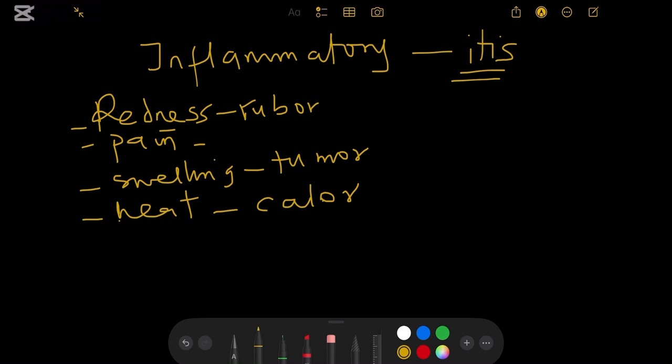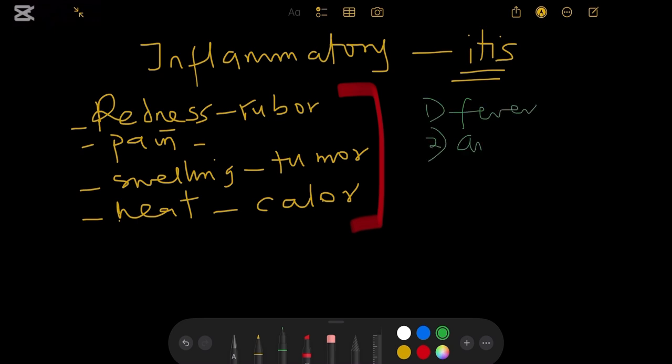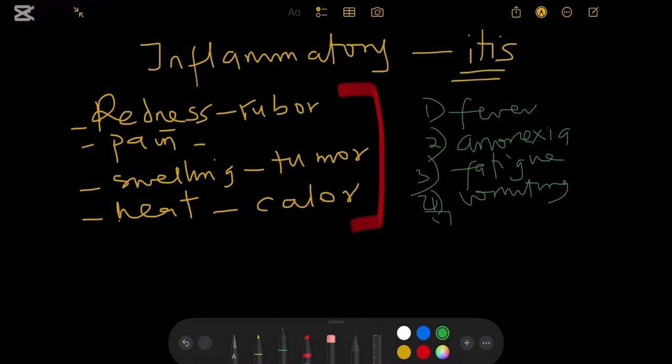All right. So apart from these cardinal features of inflammation, we have some systemic ones, and these systemic ones can obviously be fever. We can have anorexia, fatigue, vomiting, tachypnea, that is breathing too fast.